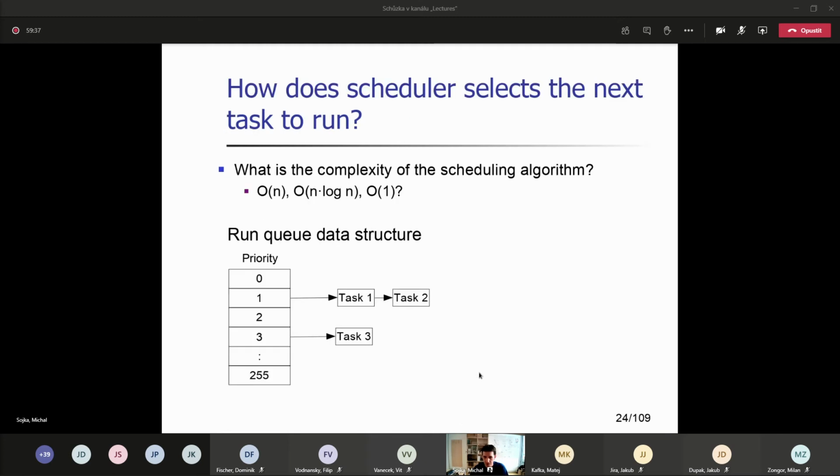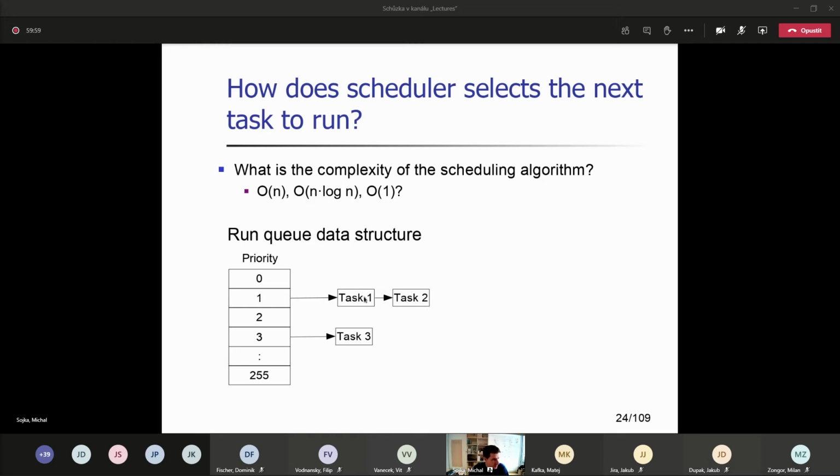And how does it work? It's very simple. The scheduler again finds the highest priority, takes the first task, and sets a timer. When the timer elapses, this task is put to the end of the queue, and again the highest priority task is selected.